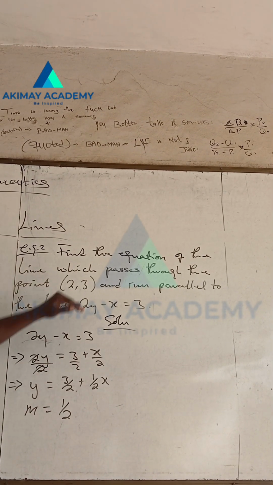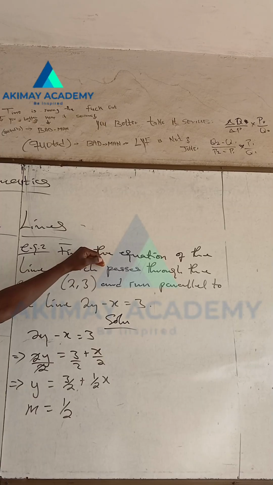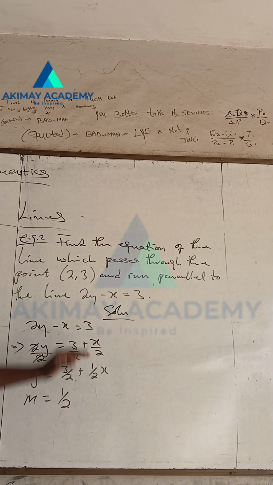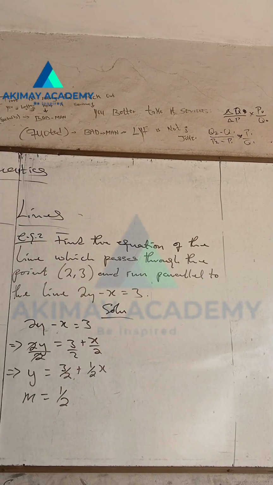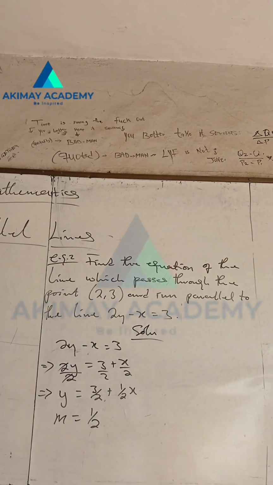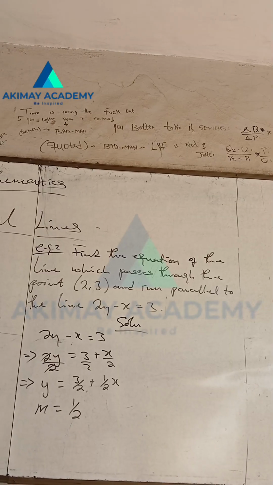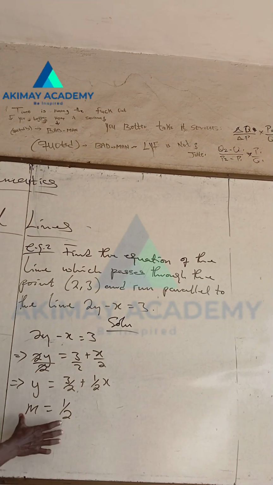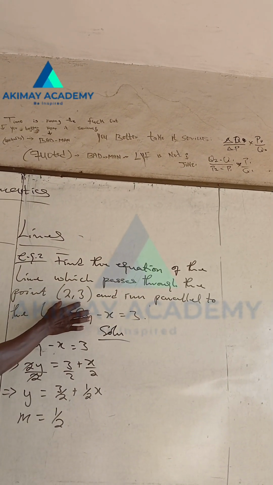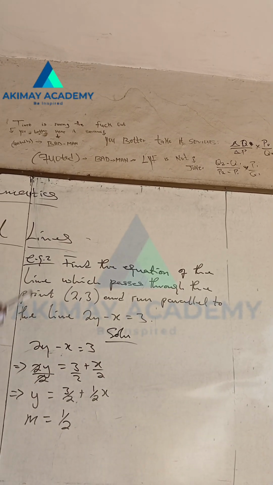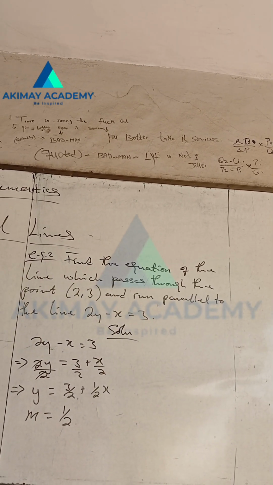Now, because this line is parallel to the line we are going to find its equation, it means that this particular gradient and the gradient of that line are the same, because they are saying that the two lines are parallel. So with this gradient and the point given to us, we can peacefully find the equation of the line that they are talking about.